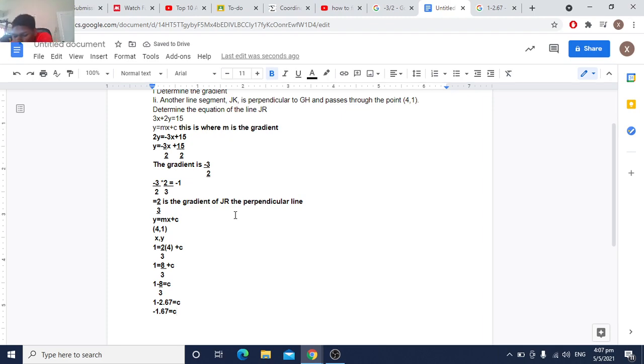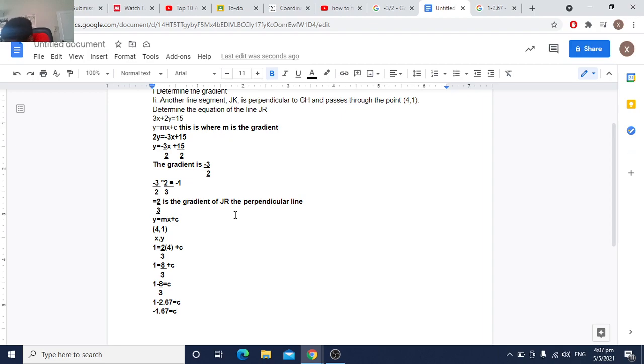So now I'm going to write that down in my book real quick. So we have (4, 1), which is one of the points, x, y. And 1 is equal to 2/3 times 4 plus c. 1 is equal to 8/3 plus c. 1 minus 8/3 is equal to c.